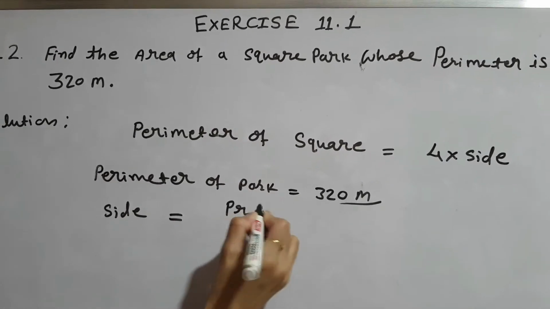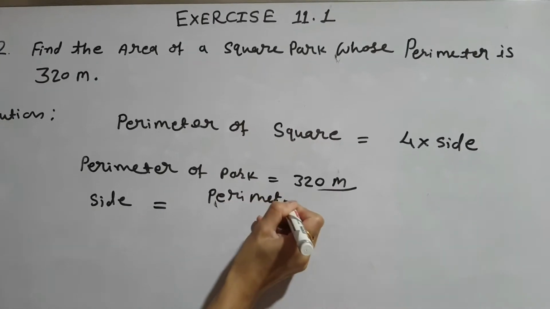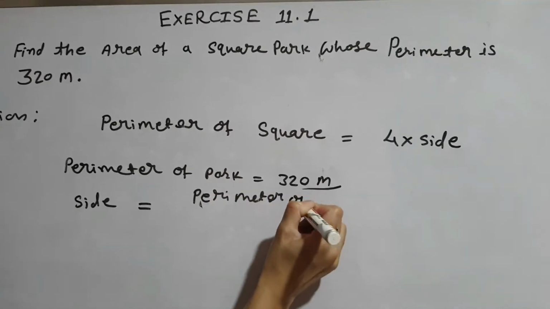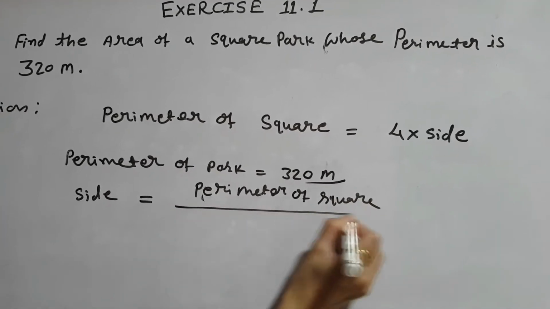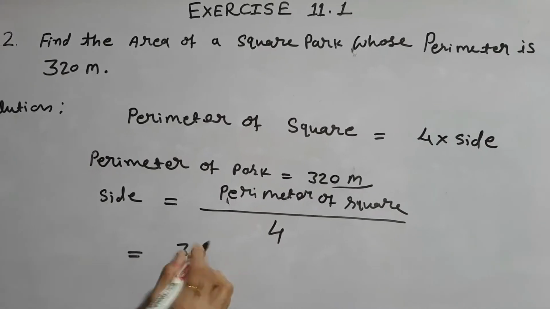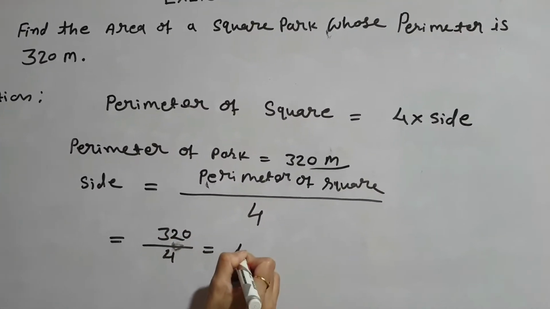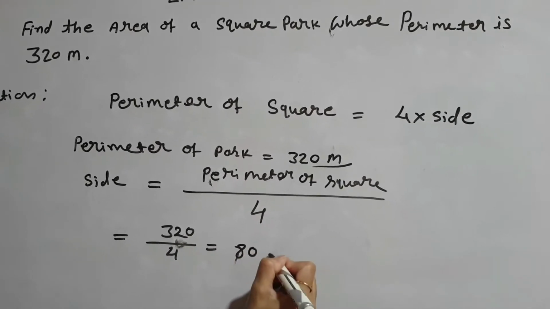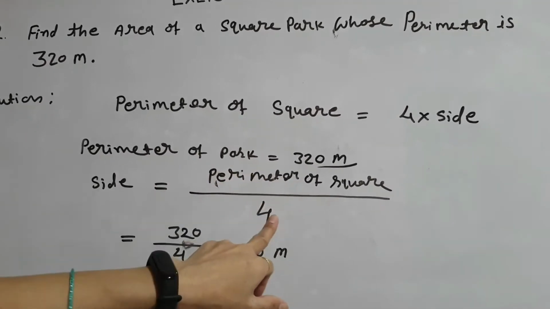Now we have to find out the side. So side equals perimeter of square divided by 4.